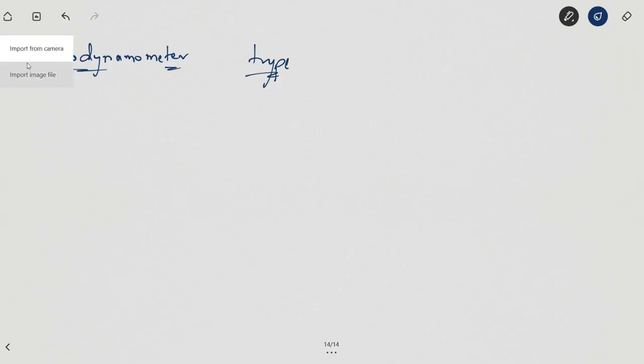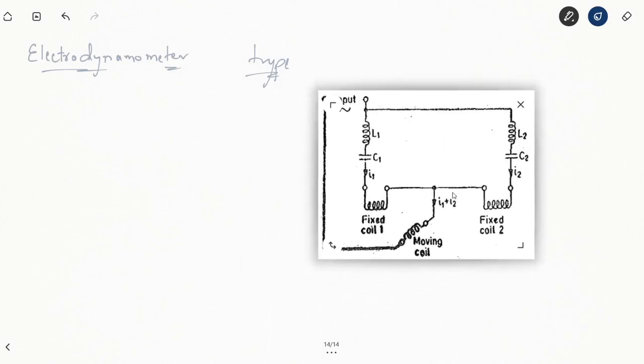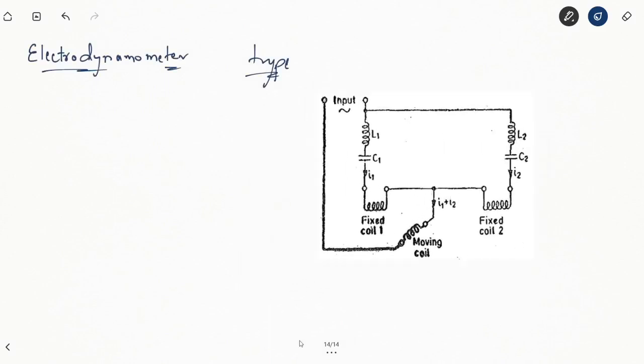We have this construction here, which represents an electrodynamometer type frequency meter. Construction wise, you have again the moving coil and the fixed coils, but here you have two fixed coils. Both coils are in series with an inductance and a capacitance. You have L1 and C1 here, and you have L2 and C2 here.